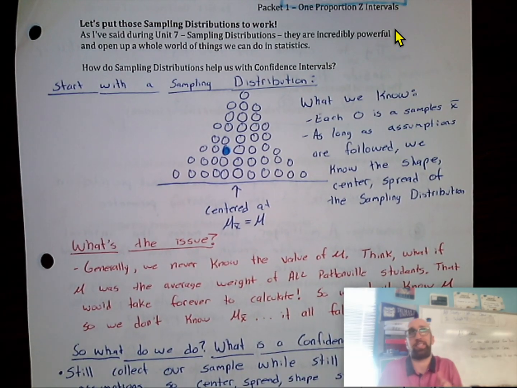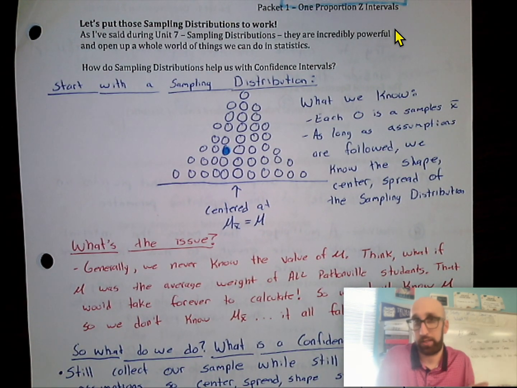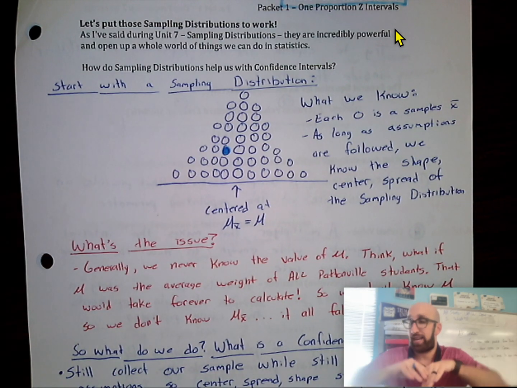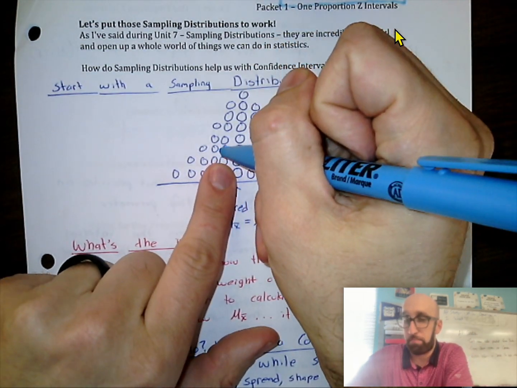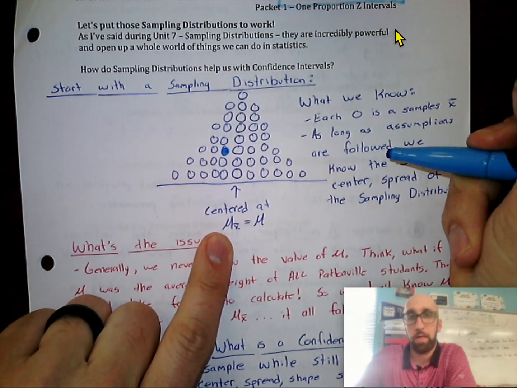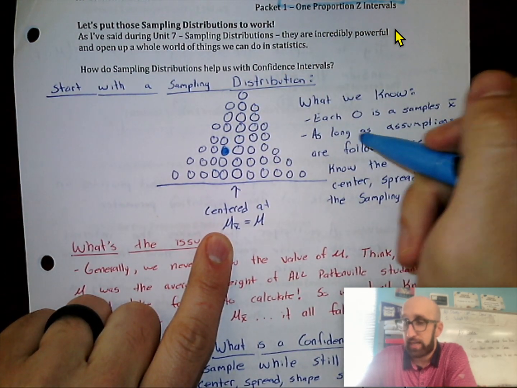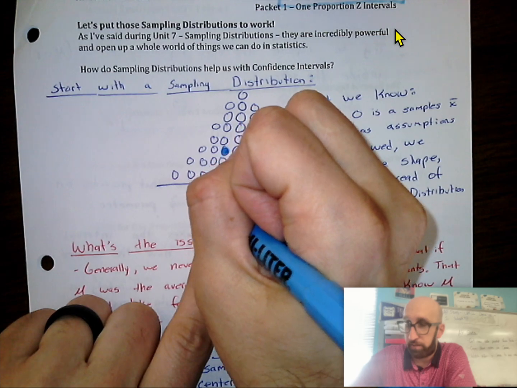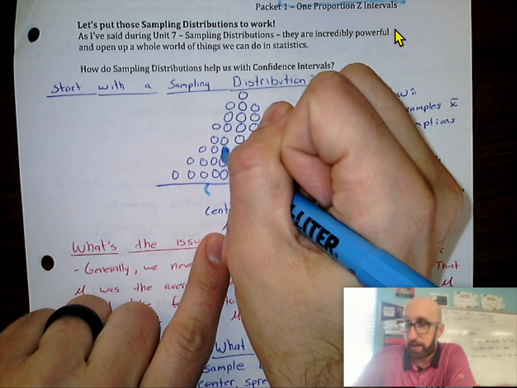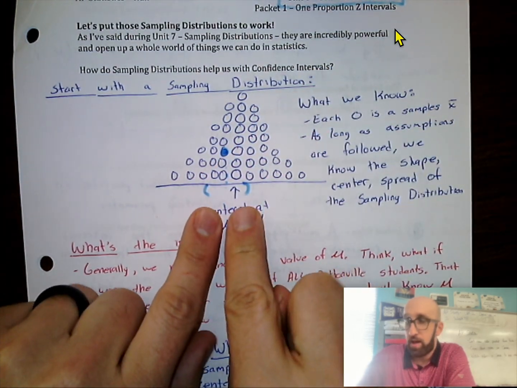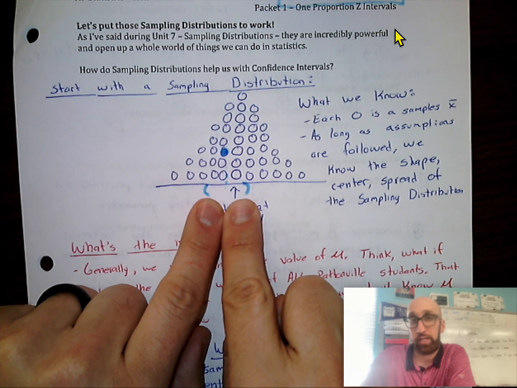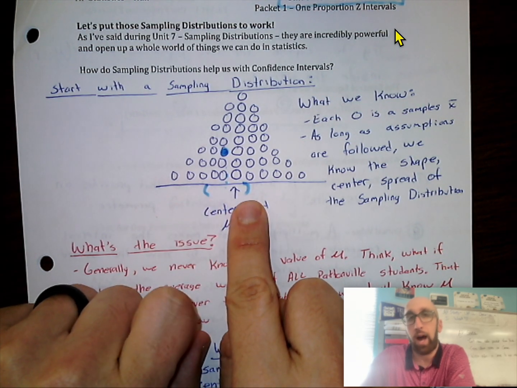Now here's the deal: the chance that my sample, my x bar, lands dead on the population average could happen, but it's not always going to happen. So the idea is we make an interval, a range of values. Maybe my sample is centered here, but I'm going to create a range of values and say, based off my sample, I bet the population is somewhere from this low point to this high point.